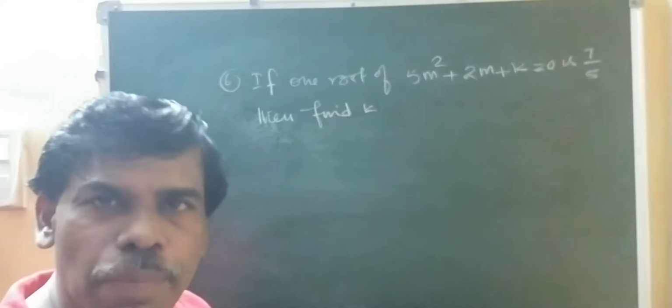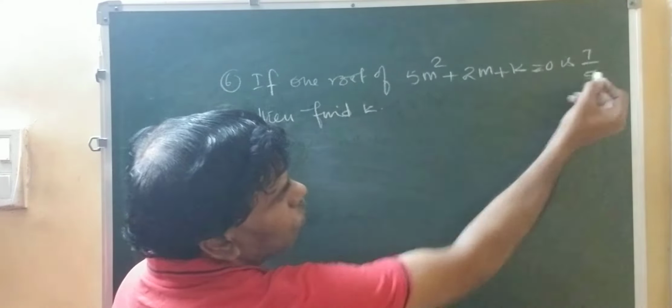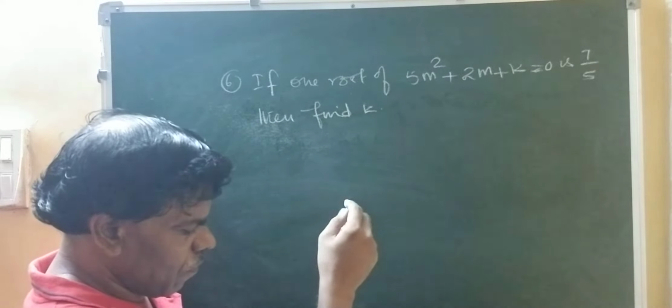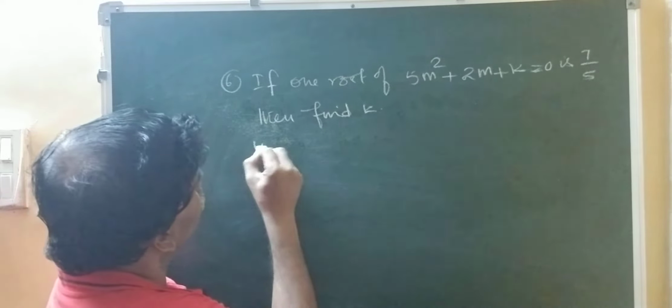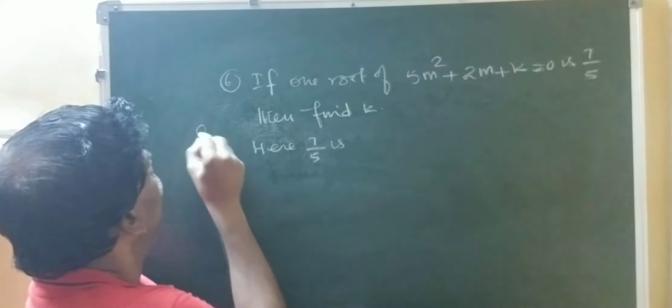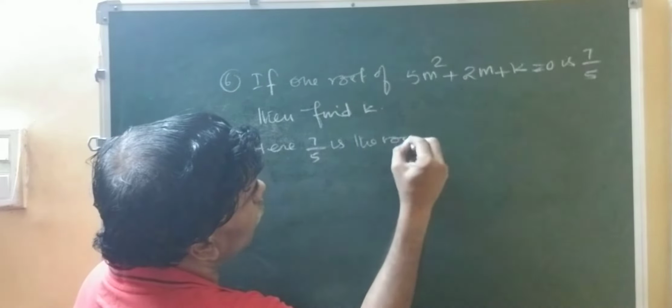It is also similar to the first sum. What is the root? The value is 7 upon 5. Here 7 upon 5 is the root of the given equation.